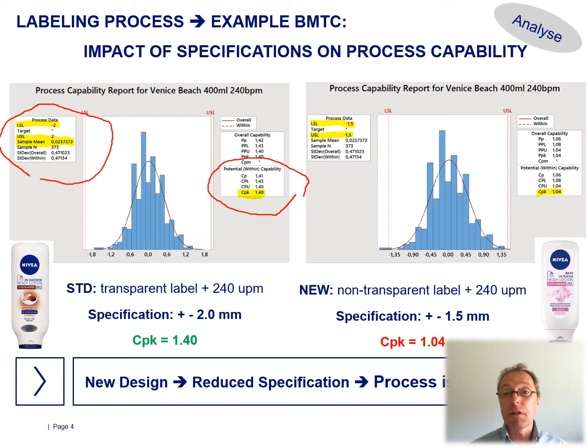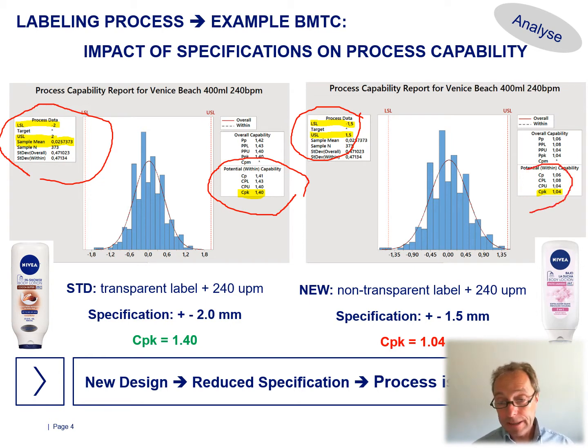But now the question was, what happens if we reduce the tolerance from 2 to 1.5 millimeter? So we take the same database and put in 1.5 instead of 2 millimeter, and let's see what happens.